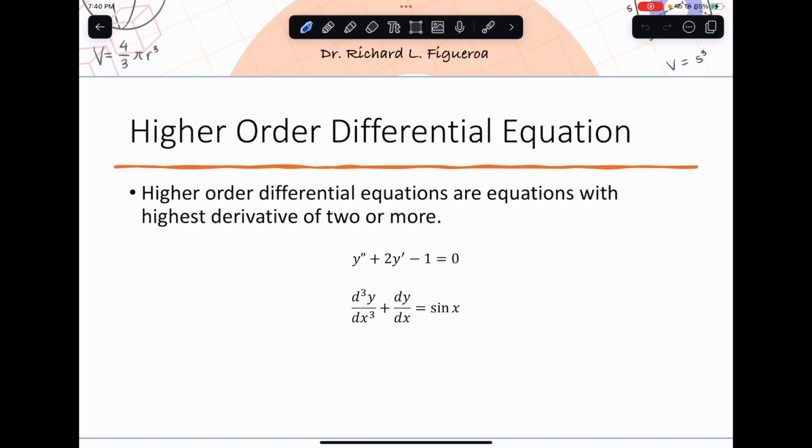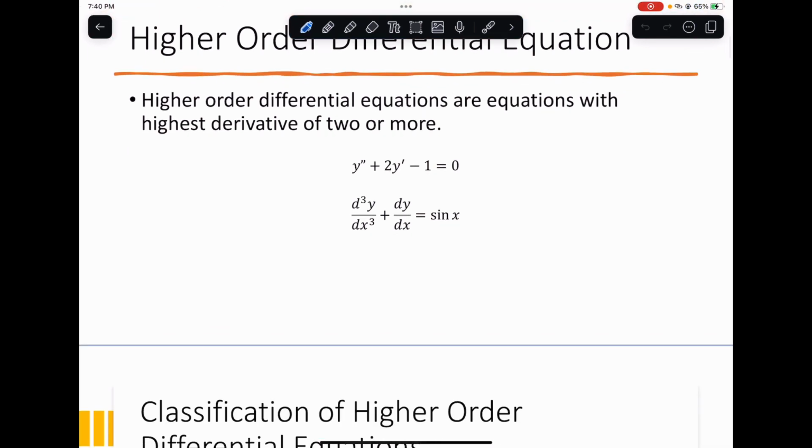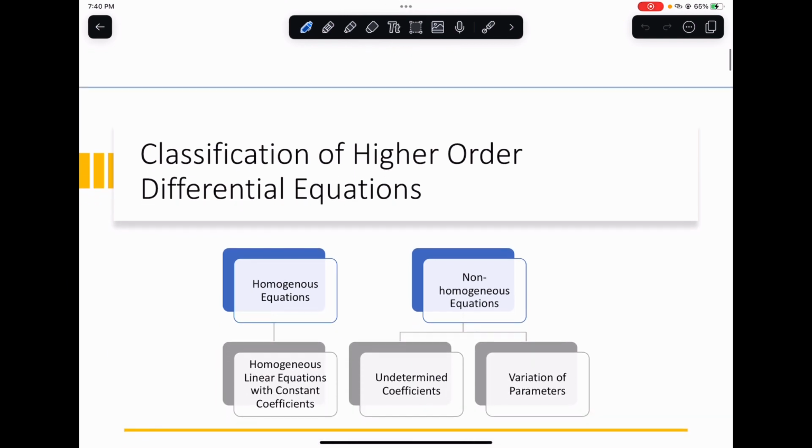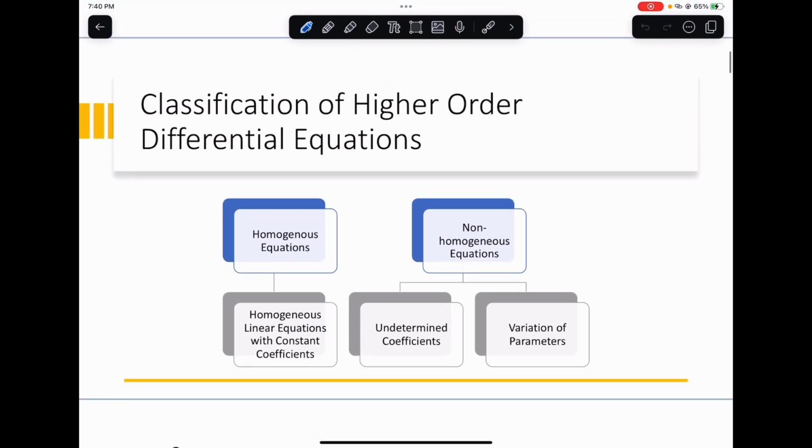And there are different ways on how to find the solution. We're not specific on the order. As long as it is considered a higher order differential equation, then we can solve it using the methods for higher order differential equations, as long as we are able to classify properly what kind of higher order differential equation it is, because there are two general types of higher order differential equation.